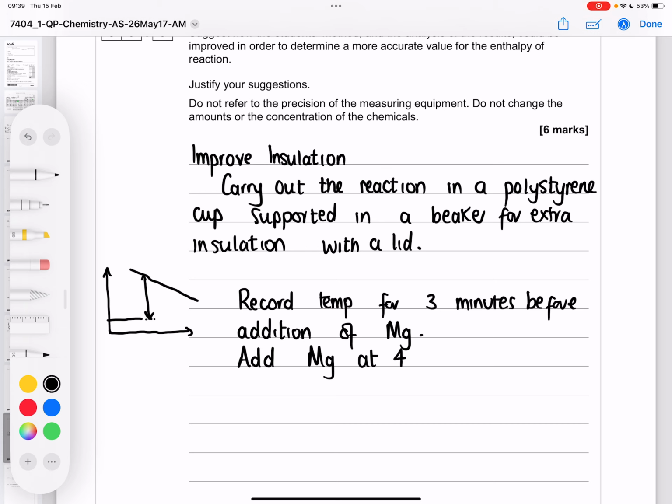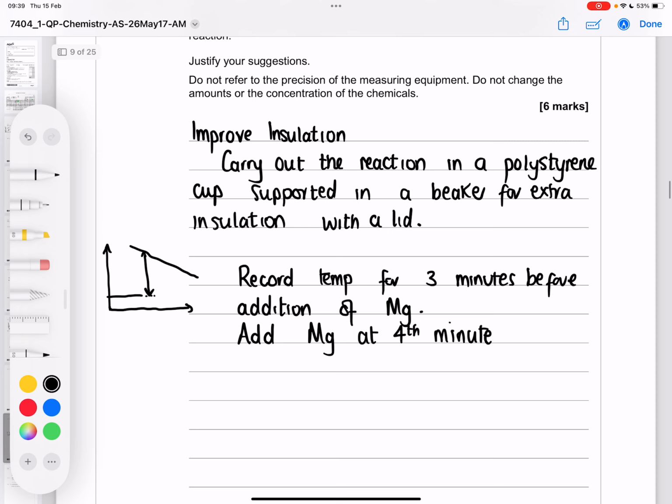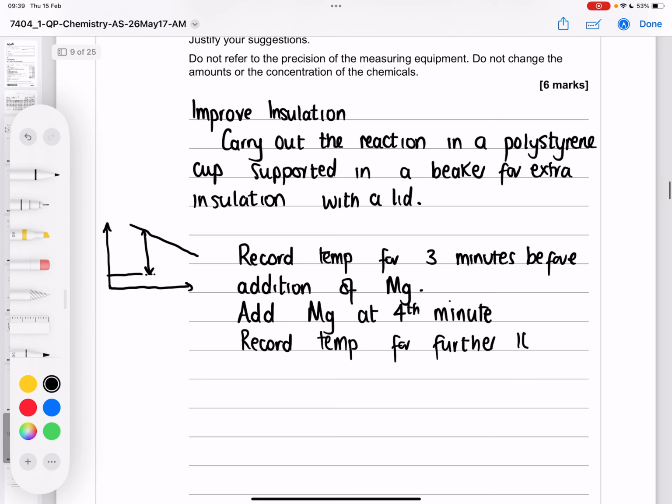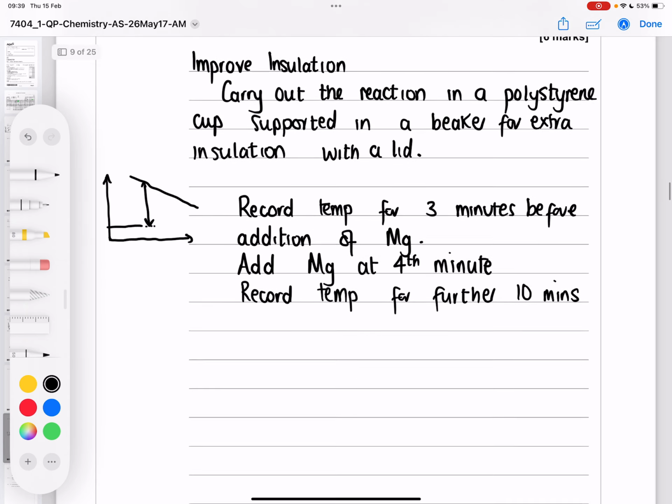If we add the magnesium at the 4th minute and then record the temperature for a further maybe 10 minutes, so anything maybe more than 6 more readings would give us a good rate of cooling. So it gives us a good set of data to use to plot the graph and extrapolate.